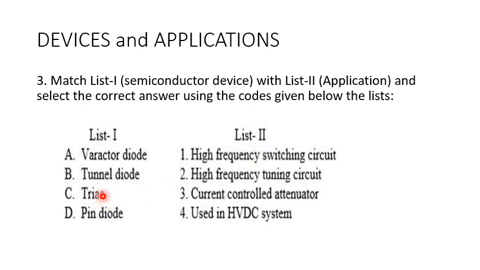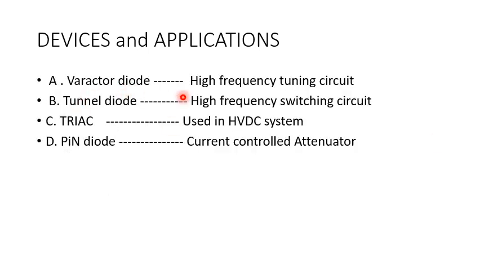Next, the triac is used in high voltage DC systems. And for the PIN diode, the application is a current controlled attenuator, right? Now we'll see the answer. The answer is: varactor diode, high frequency tuning circuit; tunnel diode, high frequency switching circuit; triac is used in high voltage DC system; PIN diode, current controlled attenuator.